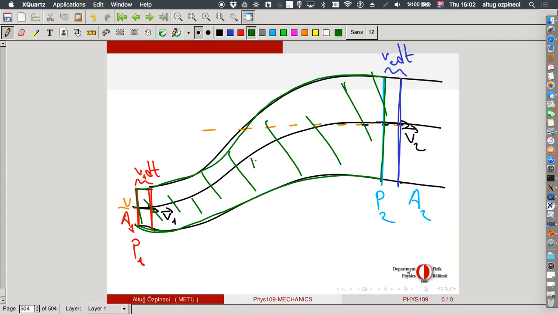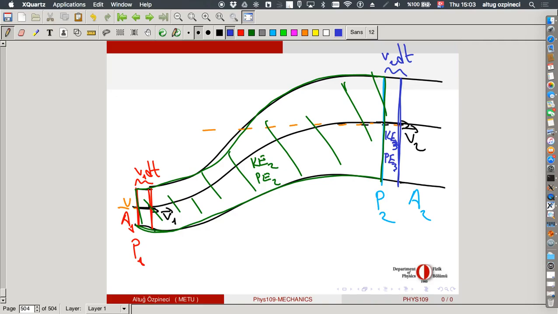has kinetic energy 2, potential energy 2. The whole thing, all of this green region, has kinetic energy 2, potential energy 2. Now this region, let's say we have kinetic energy 1, potential energy 1.